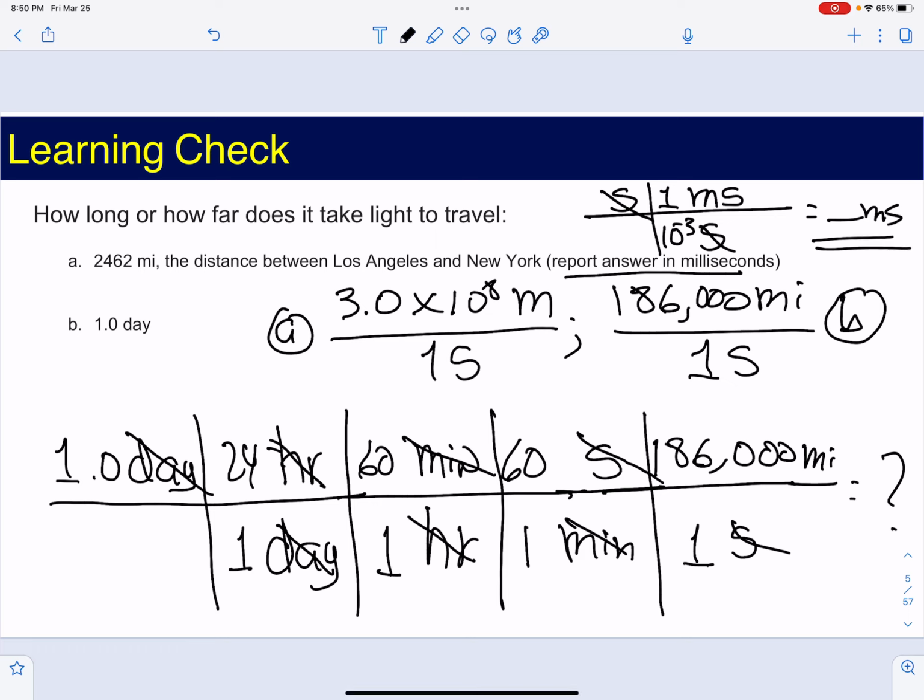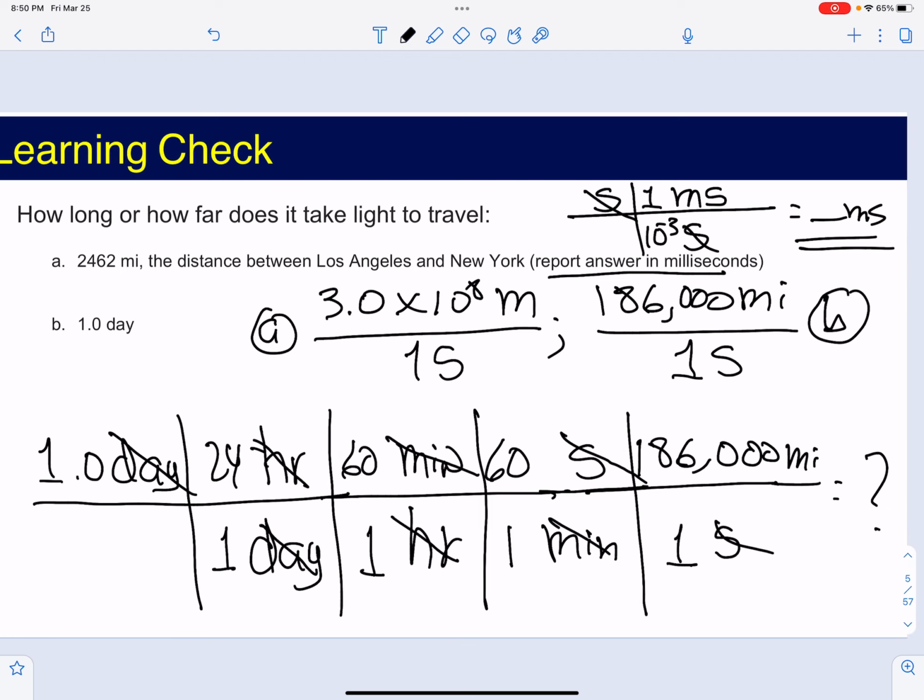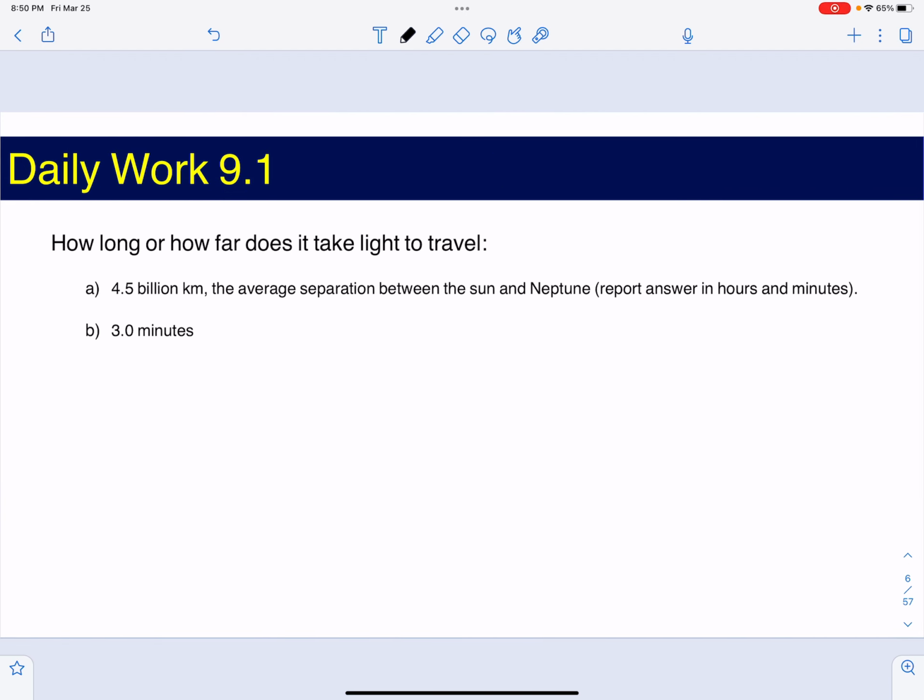So once more, the speed of electromagnetic radiation, and light is one of those, is always 3.0 times 10 to the 8 meters for every 1 second, which is the same as 186,000 miles per second. So with that information, you should be able to do this.